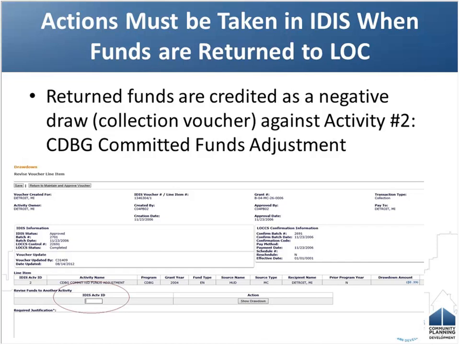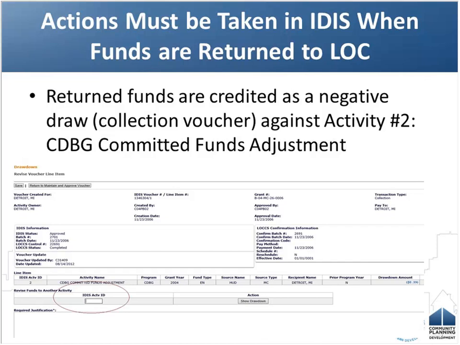When you revise the collection voucher, you need to remember you enter a negative. You enter the IDIS activity the funds need to be revised to, and then you enter a negative sign next to the dollar amount. For example, if you returned $10,000, the collection voucher, or say negative drawdown voucher, will show as negative $10,000.